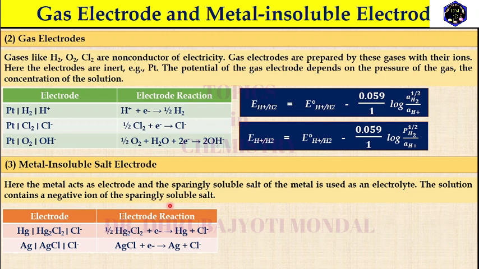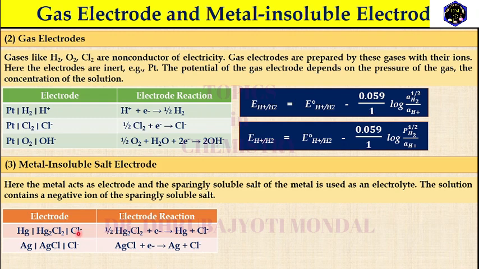What are the examples of metal insoluble salt electrode? First, you can see this given here: Hg, Hg2Cl2, Cl minus. Here Hg is the metal, Hg2Cl2 is the sparingly soluble salt of that metal, and Cl minus is in the electrolyte.